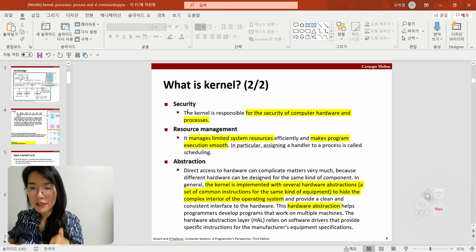The kernel is responsible for the security of the computer hardware and processes, as I mentioned. And kernel can manage limited hardware system resources efficiently and makes program execution smooth. In particular, assigning a handler to a process is called its scheduling.